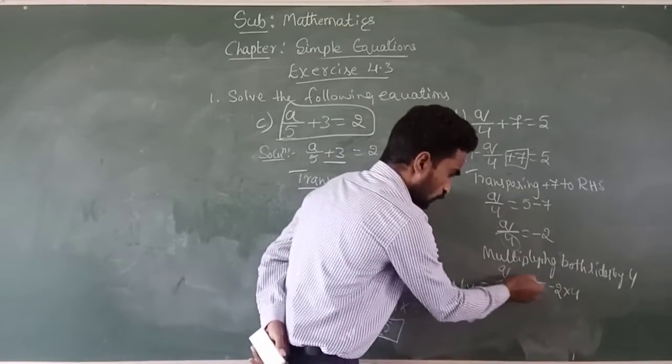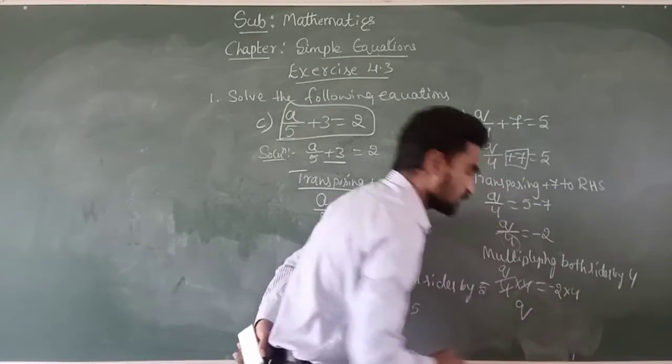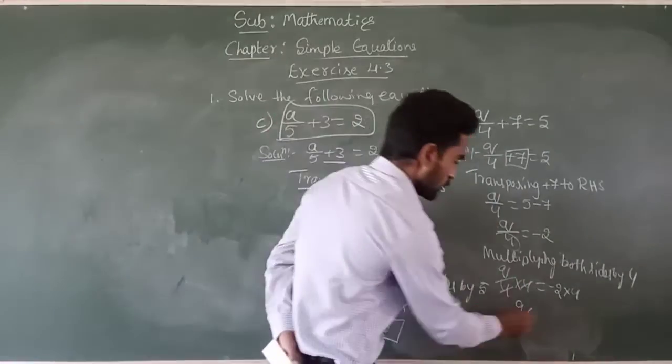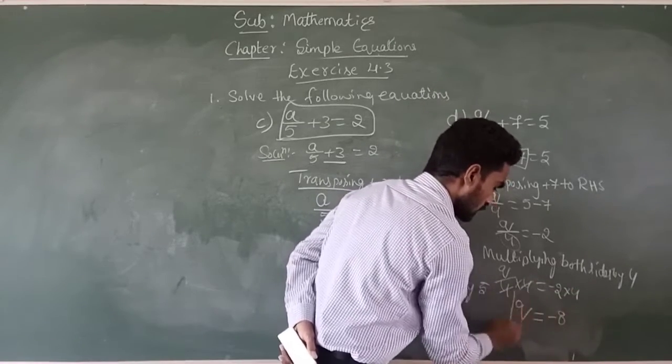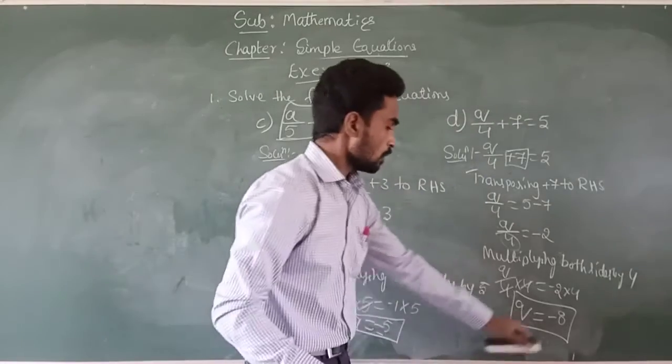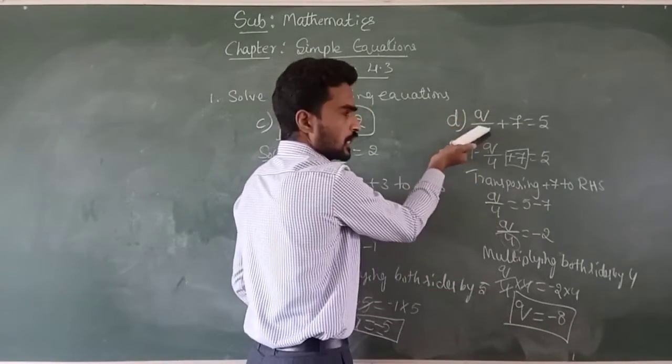Then these 4s will be cancelled out. The remaining term on the LHS is q only. q is equal to minus 2 into 4, minus 8. q is equal to minus 8 is the solution of the given equation.